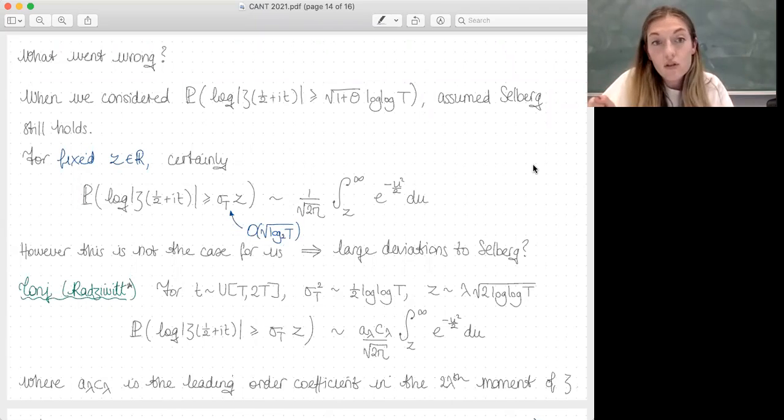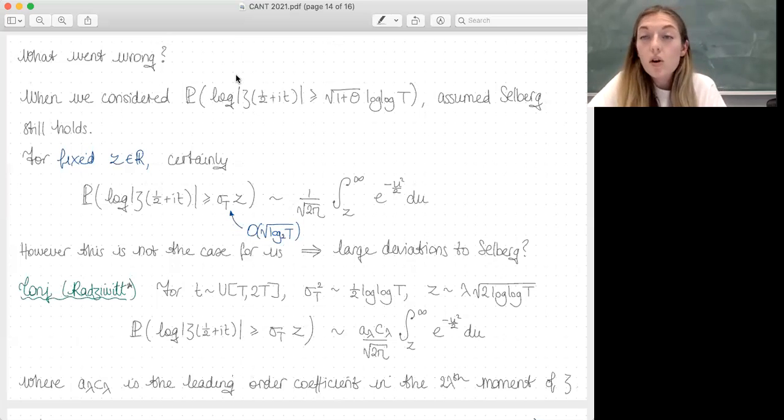Your intervals can never grow with t. So you can't directly model these zeta questions using random matrix theory. However, these large deviations questions can be asked. Instead of log of zeta here, you could replace this left-hand side with the log of the characteristic polynomial and ask, is there a large deviation to the Keating and Snaith central limit theorem?